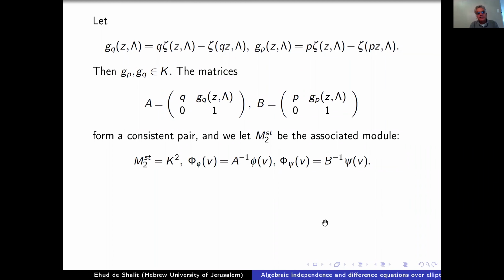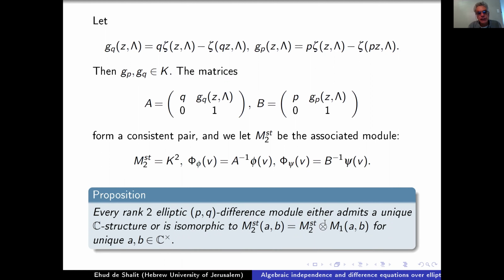Remember that they satisfy this twisted conjugation, the twisted commutativity equation: psi of A times B is phi of B times A. So because of that, they define a gamma difference module, which I call M2 standard, which is simply K squared, the two-dimensional vector space, the plane, with phi given by first applying phi to the coordinates, the two elliptic functions, and then multiplying by A inverse, and similarly, the operator associated with psi by first applying psi and then multiplying by B inverse.